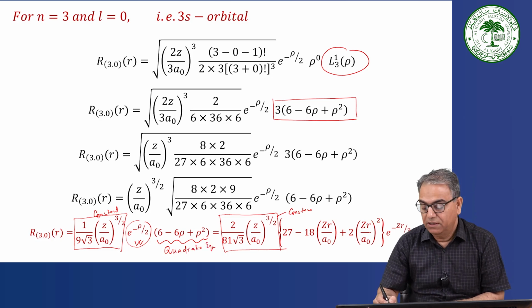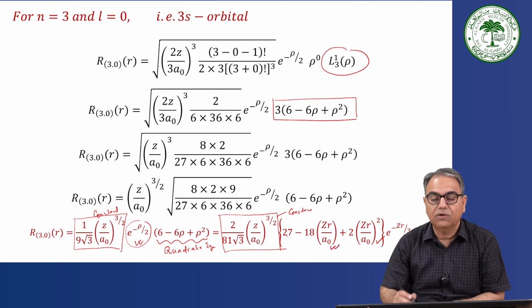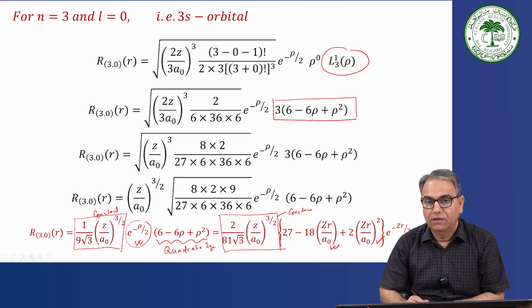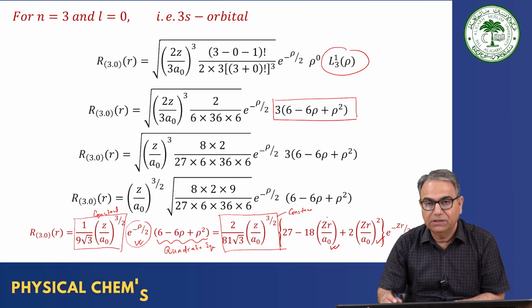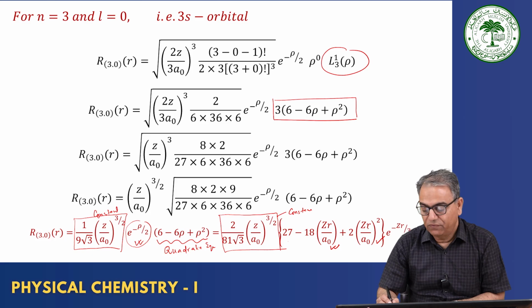Here also you see zeta divided by a naught square, then zeta divided by a naught, then a constant value 27. So what does it mean? Since it is a quadratic equation, for two different values of r it will be 0.